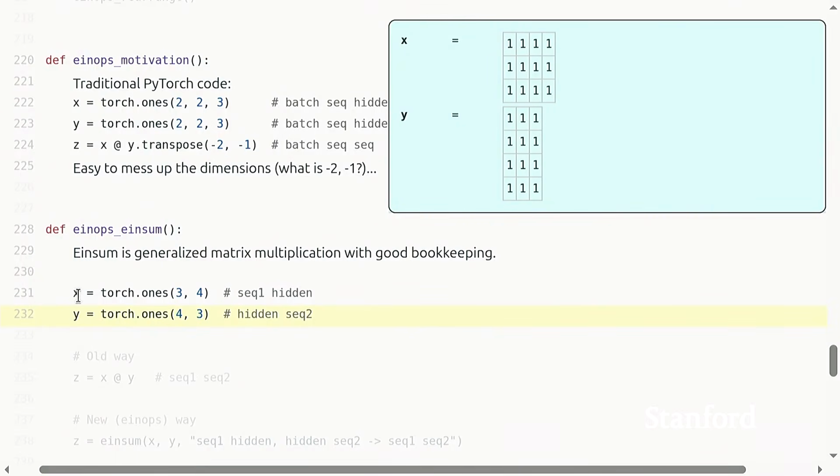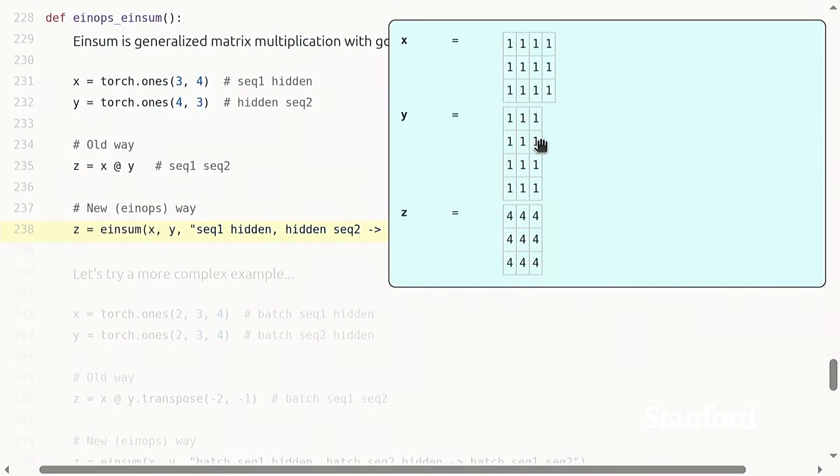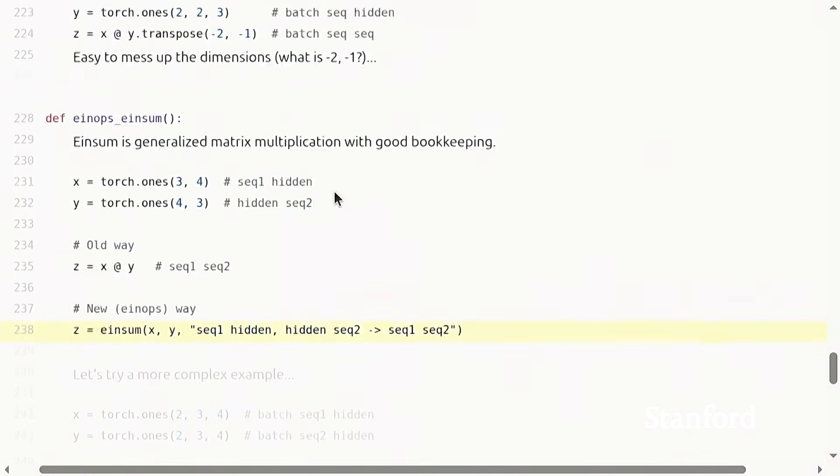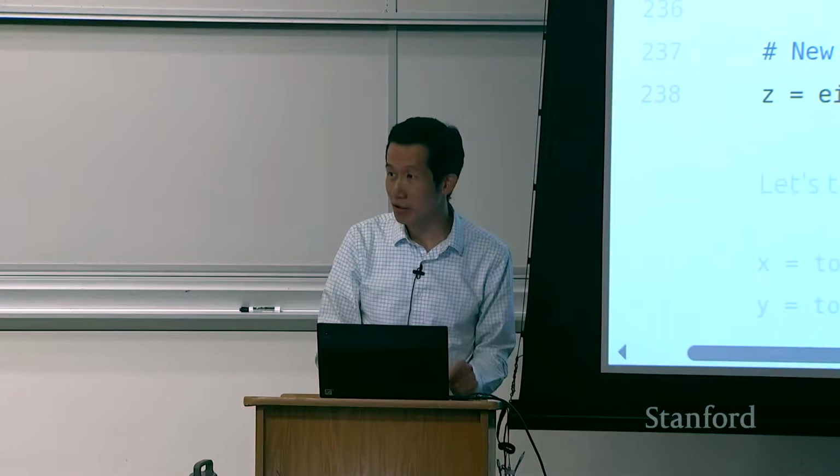Suppose I just want to do x matmul y. So I should get a 3 by 3 matrix. So I could just multiply the matrix. Okay. So if it's really just a matrix, that's what I would do. But here's what it would look like in Einops notation. Okay, so einsum is going to take 2 arguments, the 2 tensors, and it's going to take a string.